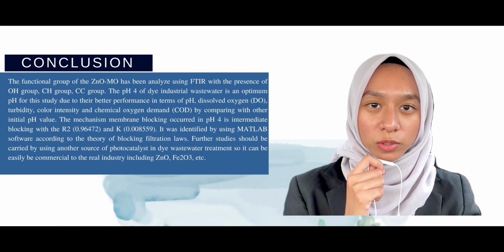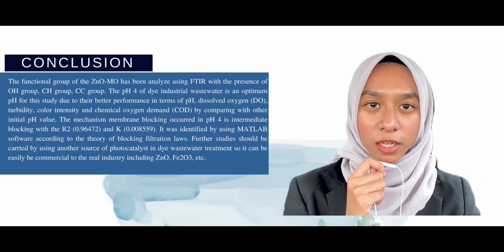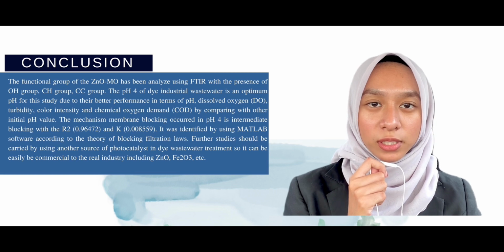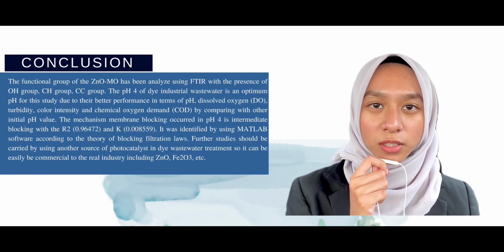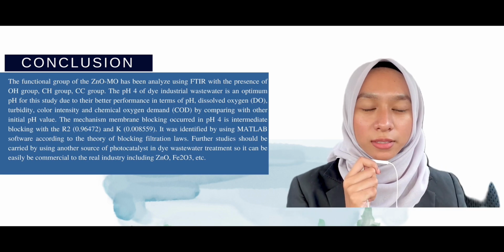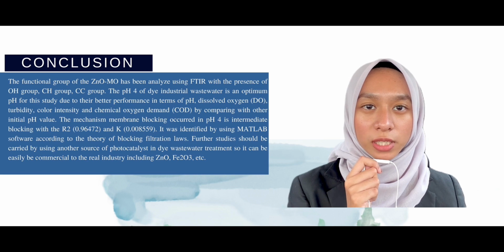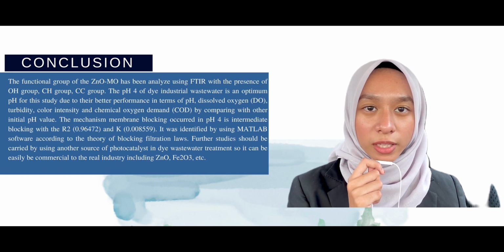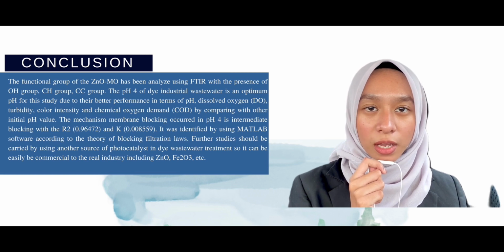So as for the conclusion, the functional groups of the ZnO-MO have been analysed using FTIR, with the presence of OH group, CH group, CC group. Next, pH 4 of textile wastewater is the optimum pH for this study due to its better performance in terms of pH, DO, turbidity, color intensity and COD compared with the other initial pH values.